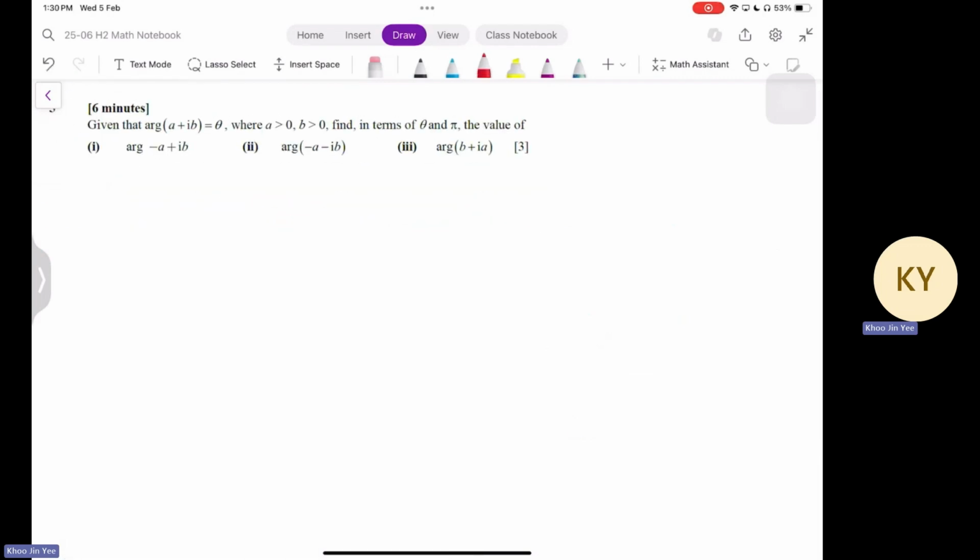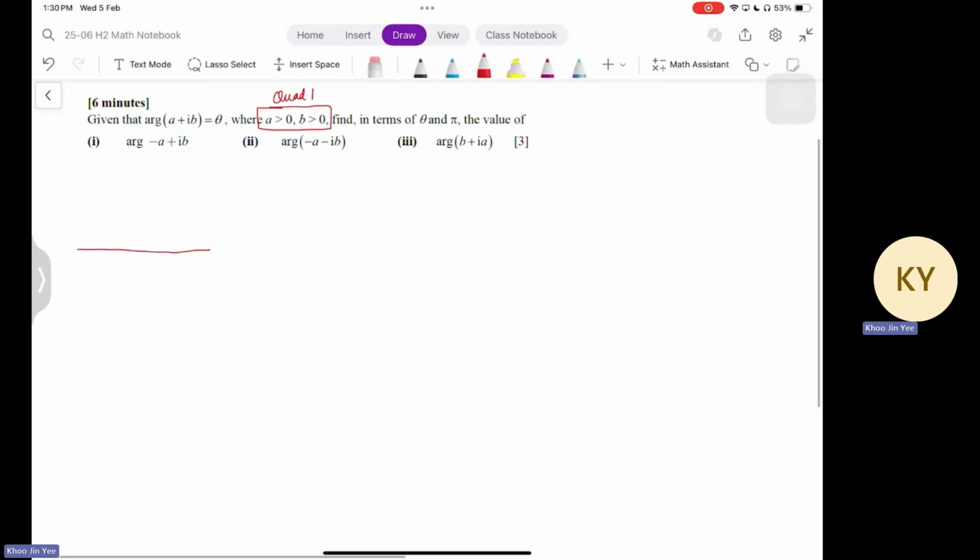First one, the argument of a plus ib equals theta, with a positive and b positive. Because of this, the complex number is currently in quadrant 1, the first quadrant. Imagine a complex number here with argument theta. This is a and b, so if we drop a perpendicular, this length is a and this length is b.